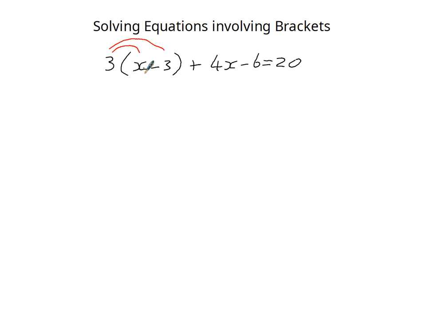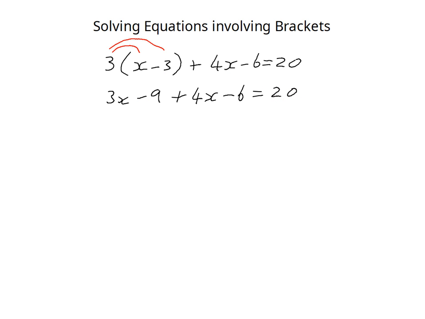So 3 times x is 3x. 3 times negative 3 is going to be negative 9, because 3 times 3 is 9. We haven't done anything with the other parts yet, so I've still got a 4x, a minus 6, and that all equals 20.